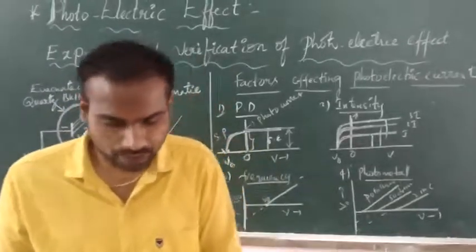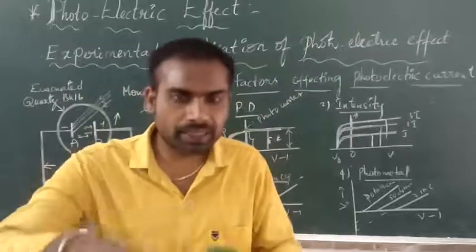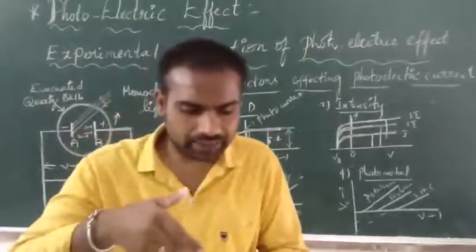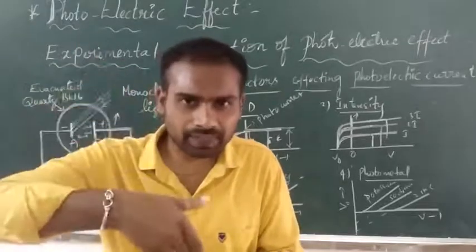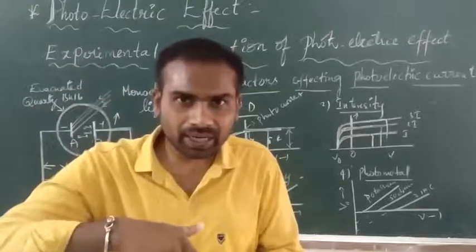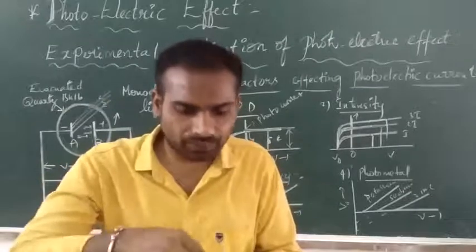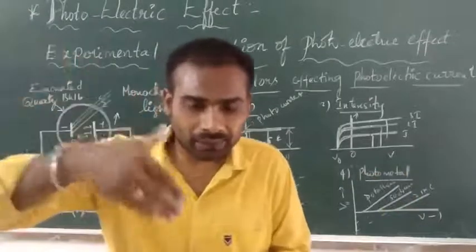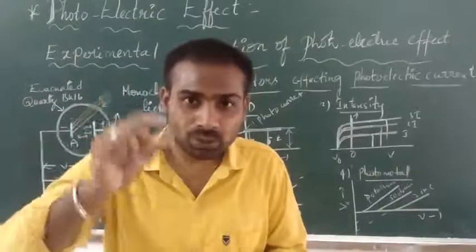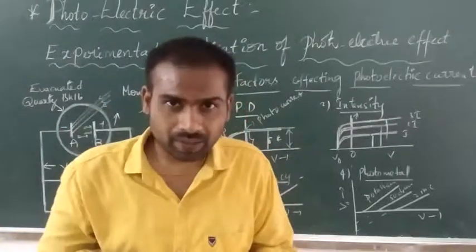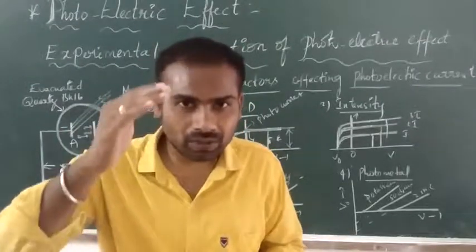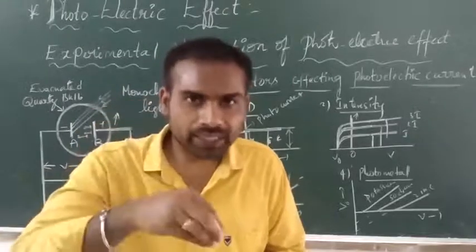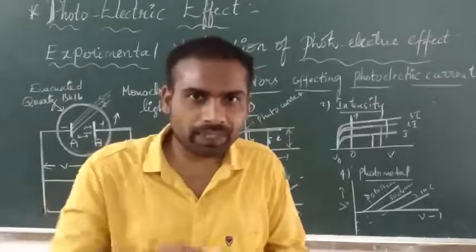When light falls on a metal surface with a certain frequency, there is no guarantee of ejection of electrons, because the frequency falling on the metal surface should be at some minimum value. If it is less than the minimum value, then no electron will be ejected from the metal surface.